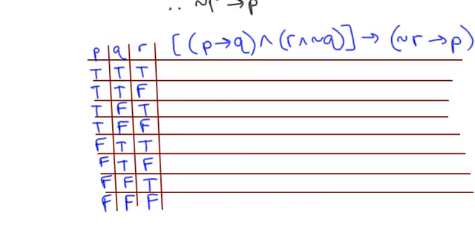The next step in setting up my truth table is, because I have 3 statements, I have 8 cases. And as you organize your truth table, it's standard under the first statement, which is our P statement, we'll list 4 trues, 4 falses.